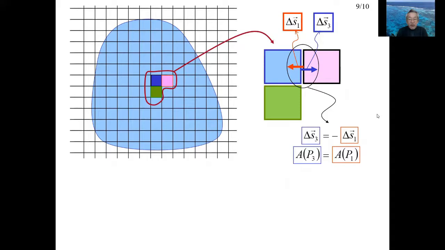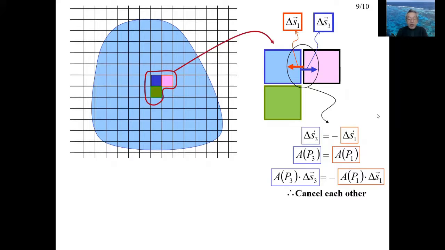So the blue A3 and pink A1 are the same. The integral on the east side of the blue element and the integral on the west side of the pink element cancel each other because they have the same magnitude but opposite directions.